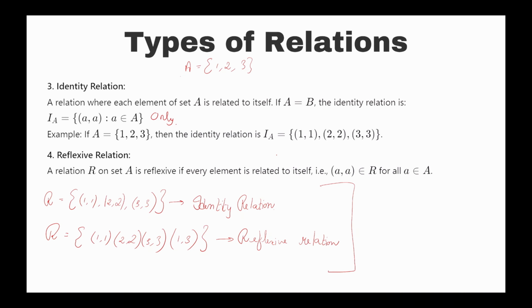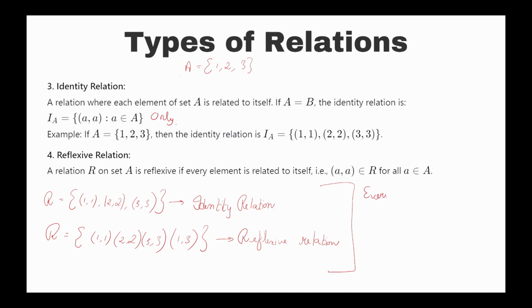I hope you are understanding the difference here. So in identity relation, each element should be related to itself and the relation should have only those pairs of the same element. However, when we talk about reflexive, each element should be related to itself, as well as there can be other pairs in that set. So from here, what is one conclusion that we can find out?